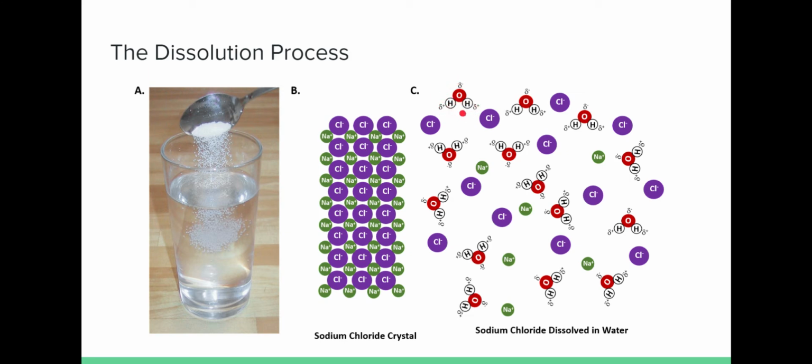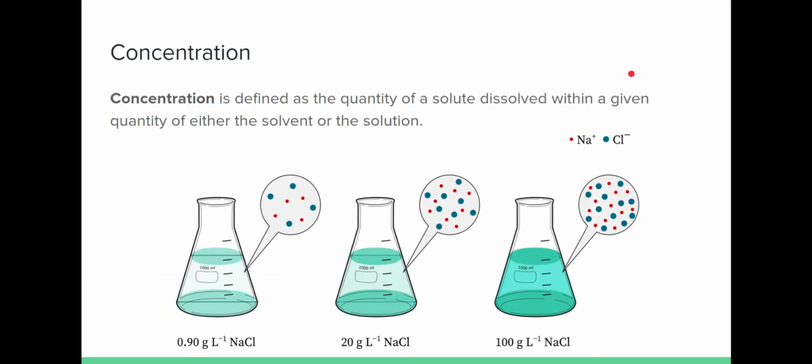The positive side of water comes into contact with the negatively charged ions because opposites attract, and the same holds true for the negative side of the water molecules and the sodium ions. They also attract. And because of that, the water begins to slowly rip apart this crystal lattice until it's no longer stuck together as a crystal lattice, and the ions are free to float within the water.